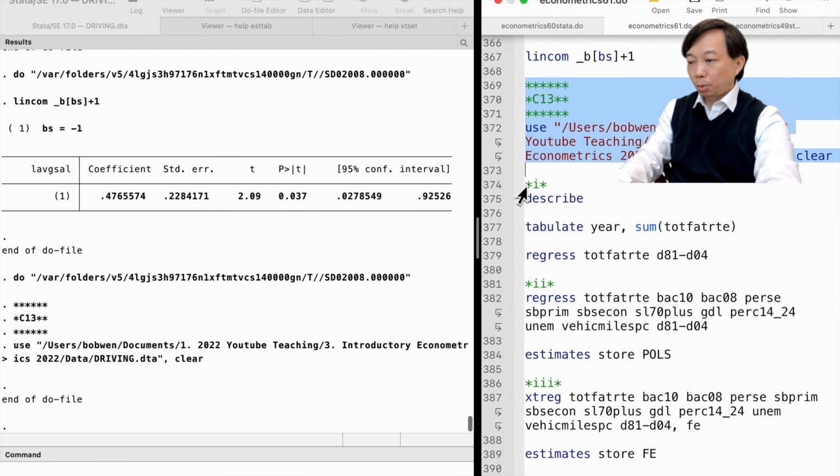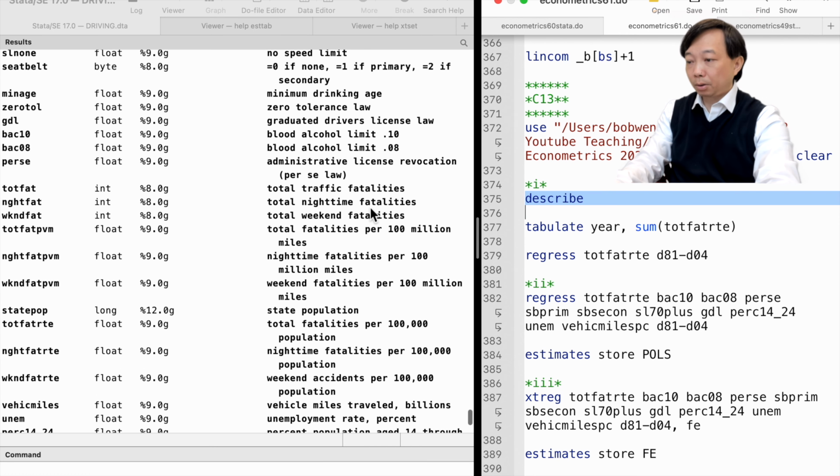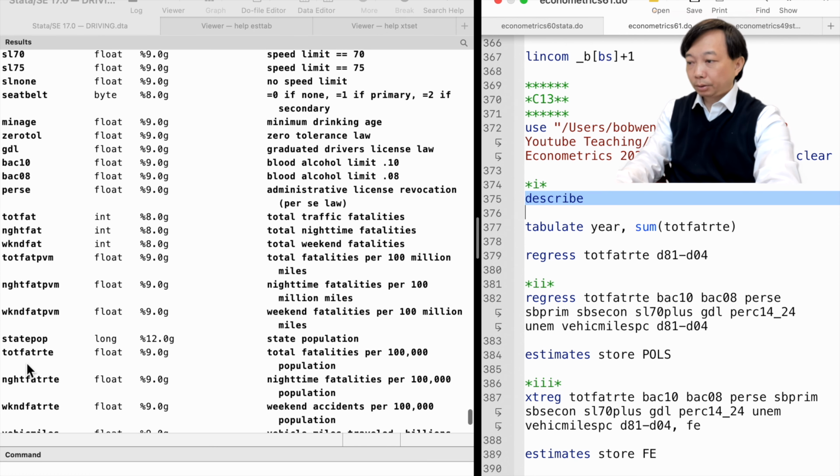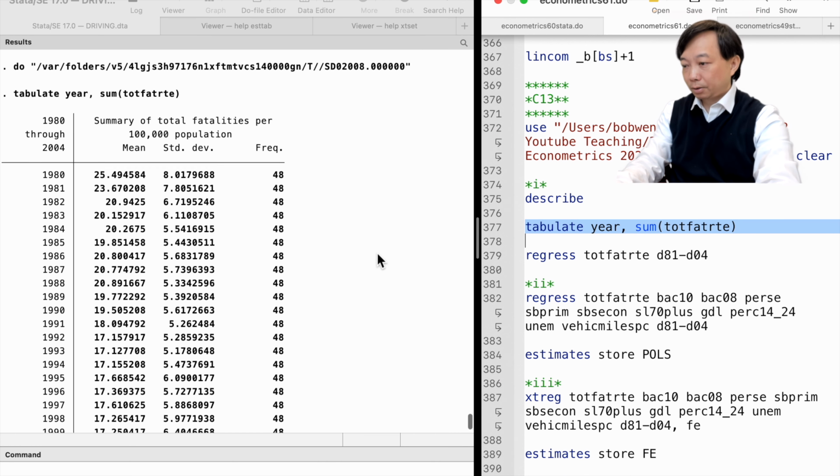We use the describe command to find the overall information about the variables. The variable is defined as the total fatalities per 100,000 population. The tabulate command with the sum option gives the average fatalities for each year.